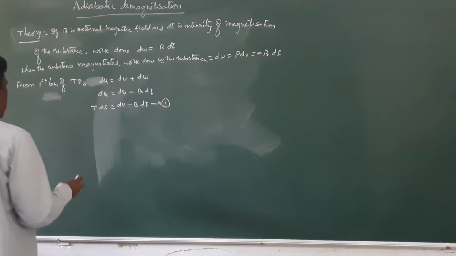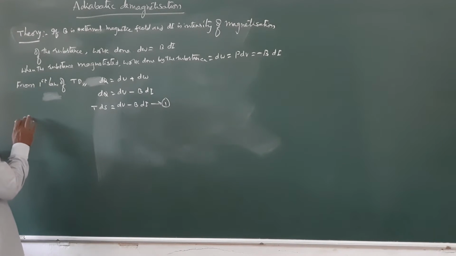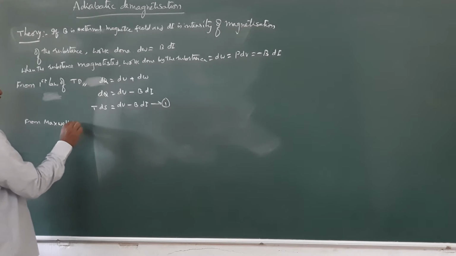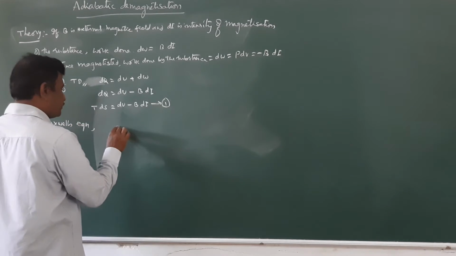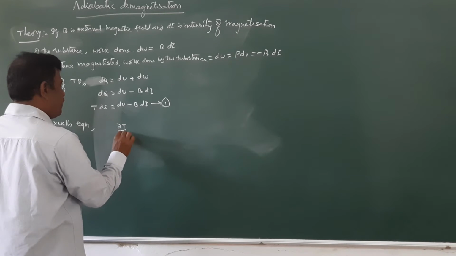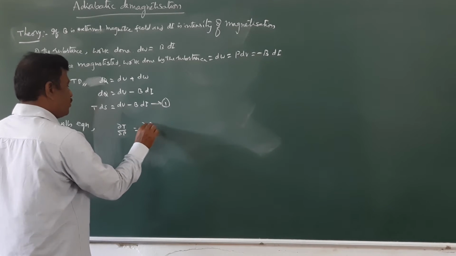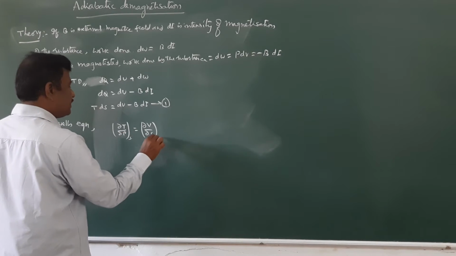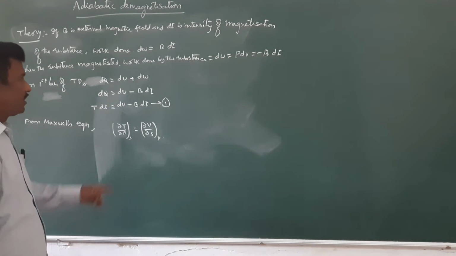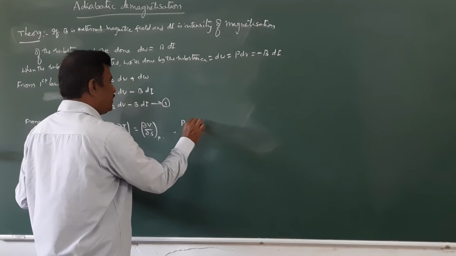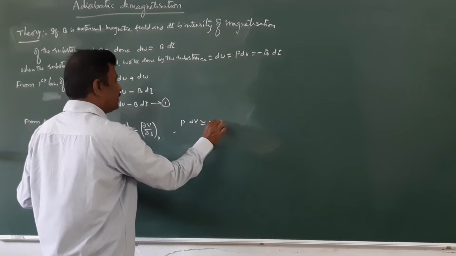Now, recalling the Maxwell's equation, from Maxwell's equation, ∂T/∂P at constant S is equal to ∂V/∂S at constant P. Comparing this with equation 1, P dV is identically equal to B dI.